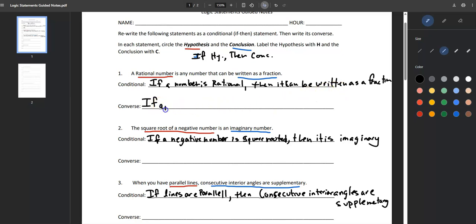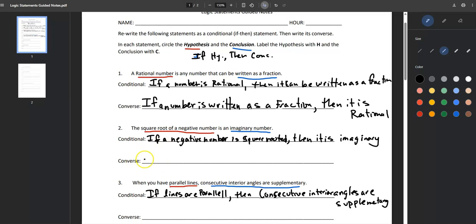So if a number is written as a fraction, then it is rational. Okay, so all I did was flip the hypothesis and conclusion around.